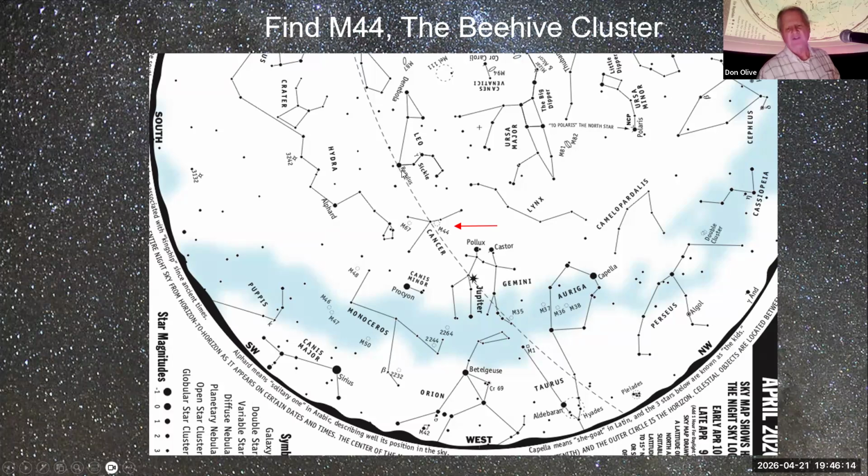Now, if you draw a straight line in your mind between Gemini and Regulus, go halfway between that and start wandering around in here with your telescope on its widest field of view or your binoculars, you'll see M44, the beehive. This is a large open cluster of bright stars, and it's really magnificent once you find it. It's obvious.